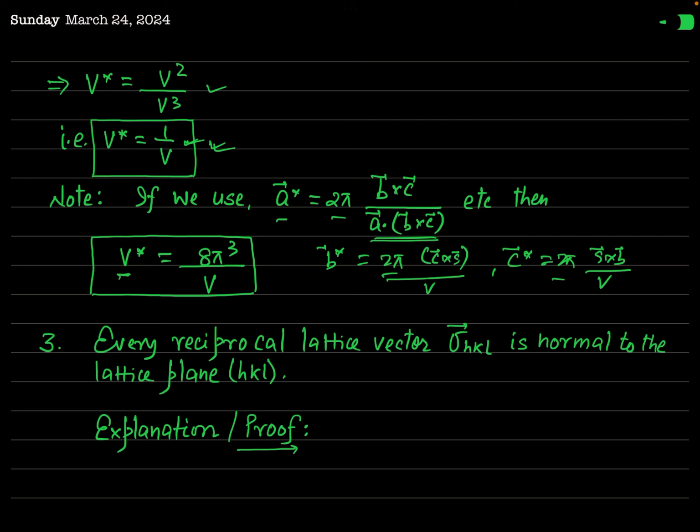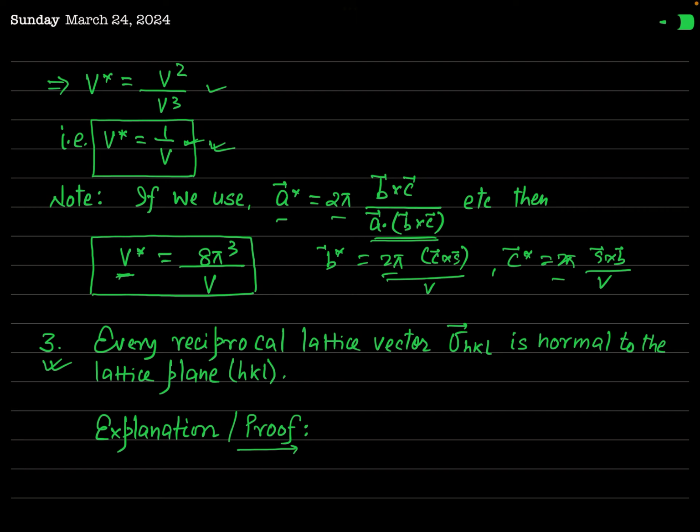So you can see that the volume of the unit cell of the reciprocal lattice is inversely proportional to the volume of the unit cell of the direct lattice. So this second property is also proved here, and I hope you have clearly understood the calculations.